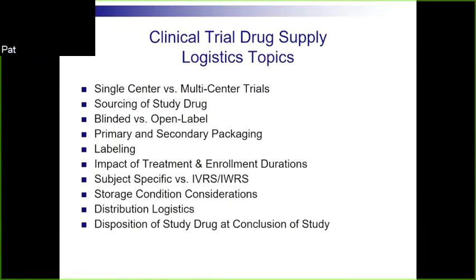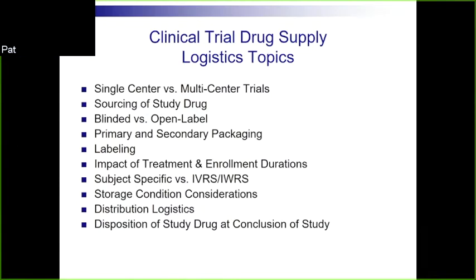Some of the topics we're going to cover today are distinguishing between a single center and multi-center trial, and then getting into sourcing of the study drug, all the way back to where it's maybe in its raw material form, or maybe your study drug is further along and closer to being ready for distribution. We'll also talk about whether the study is blinded or open label.